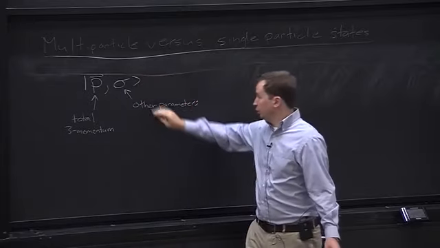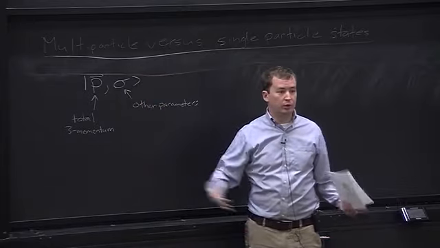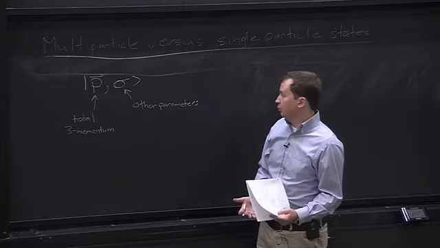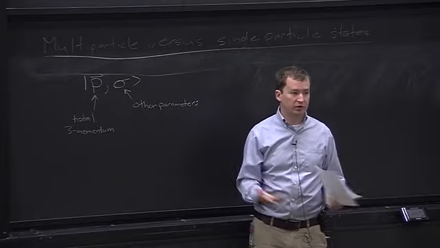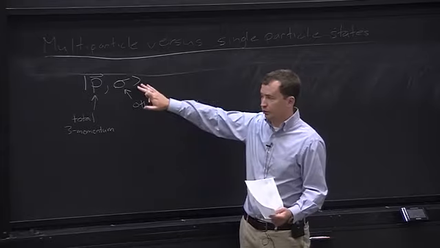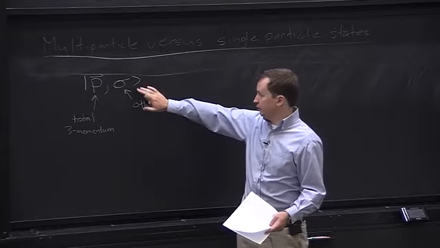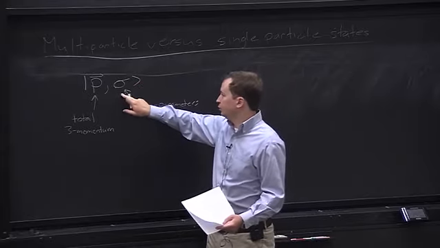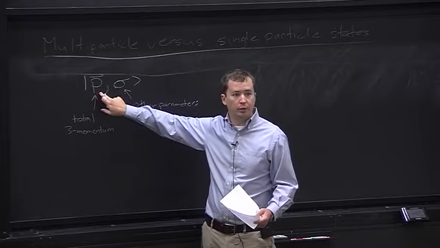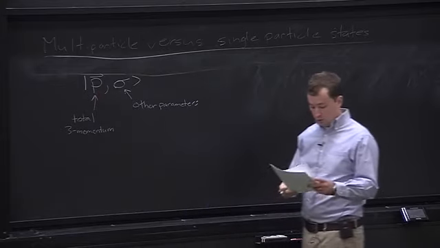So this will include things like relative momenta between the various particles, specification of the spin of the particles, the number of particles, types of particles, everything else. This won't play a large role. What we really care about is just the total 3 momentum of our multi-particle state.